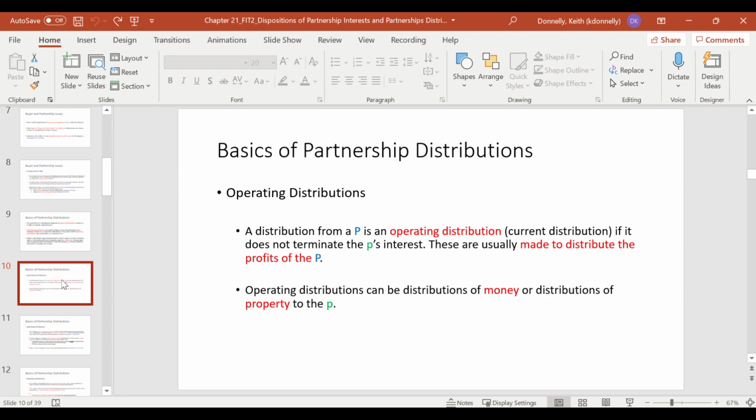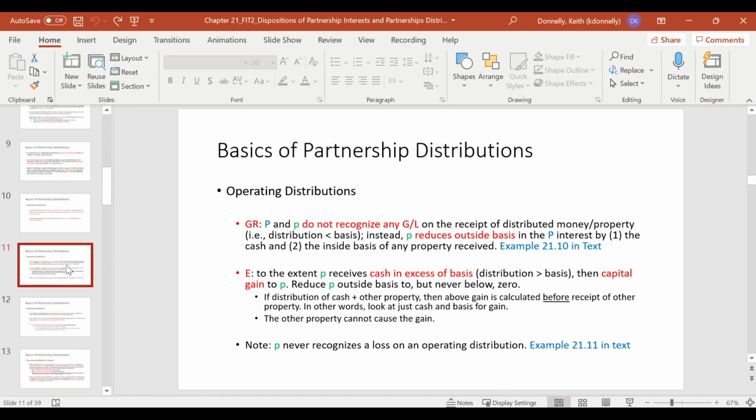Hey, here's some cash. Hey, here's some property from the business. As a general rule, when the partner receives these operating distributions, they're just going to reduce their outside basis. You reduce it by the cash and then by the inside basis of the property.